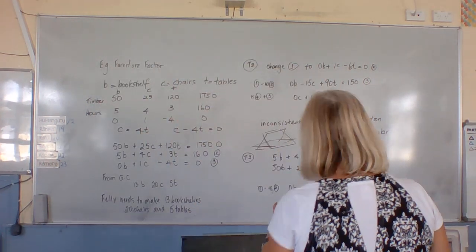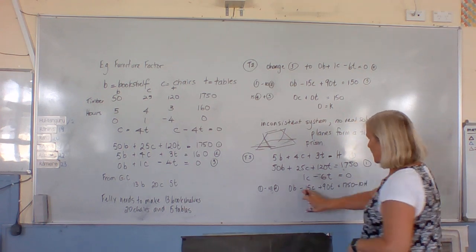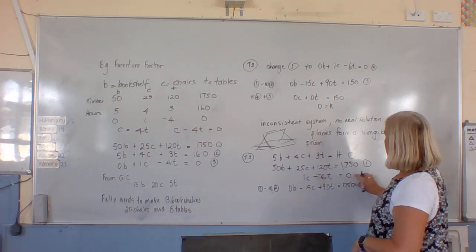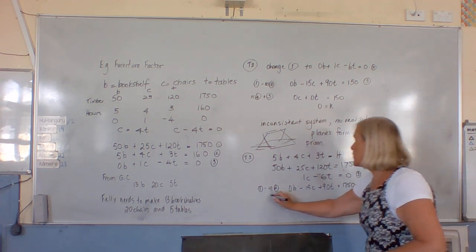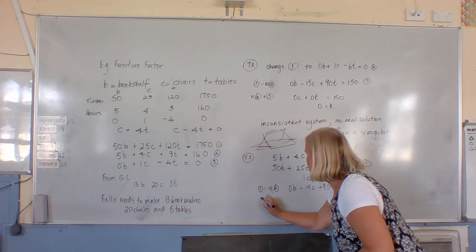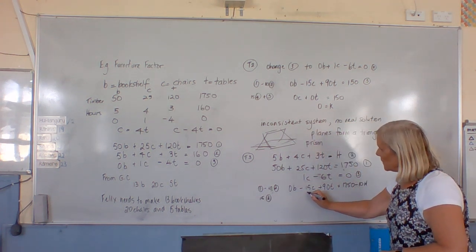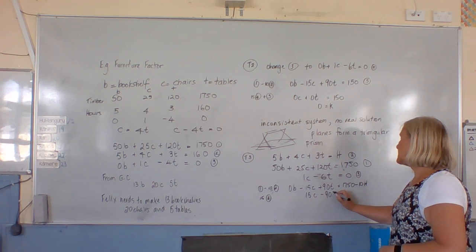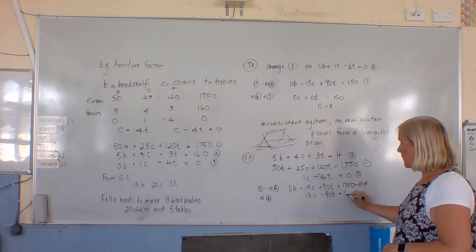So if we now use the no B's and this one here, so if we multiply this equation, our new equation 3, by 15, we get 15C, negative 90T, and 0.